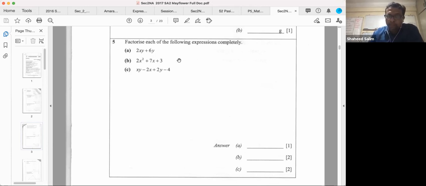I'll write here. So you try this one: 2x squared plus 4x plus 2.